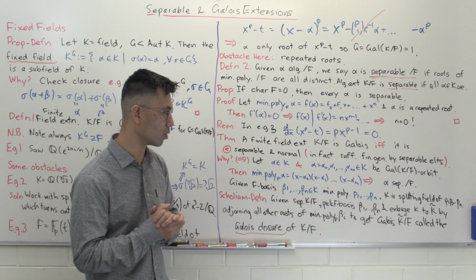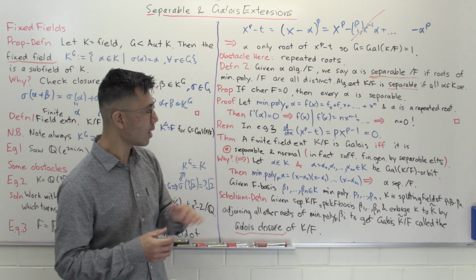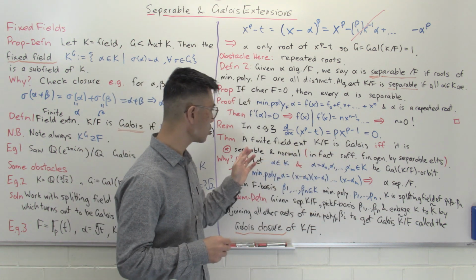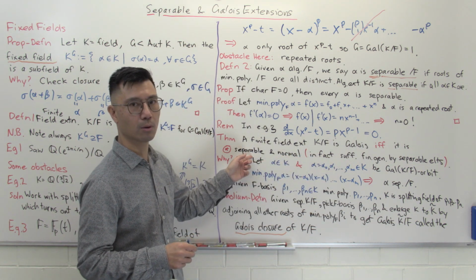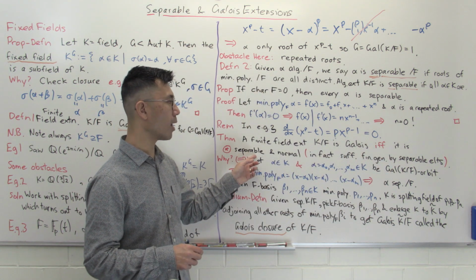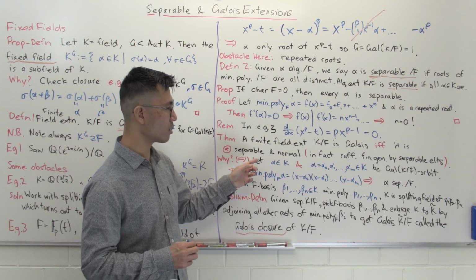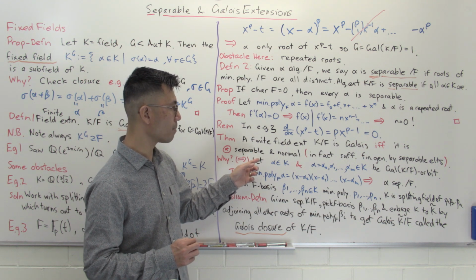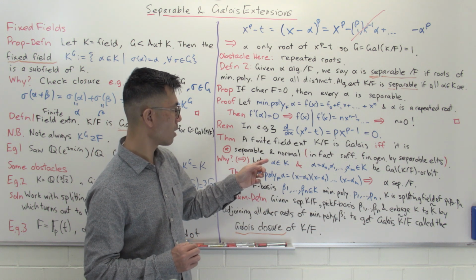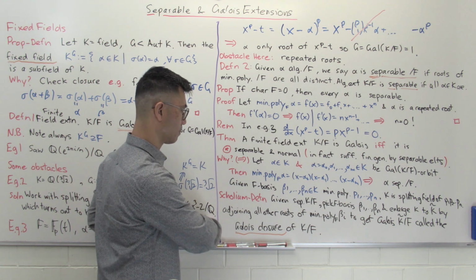field of some polynomial. And it also turns out to be true, but I won't go through the reasoning why this is so, that you can actually soften this so that you don't need to check that every element is separable. You just have to check that it's finitely generated by a set of separable elements, plus normal.